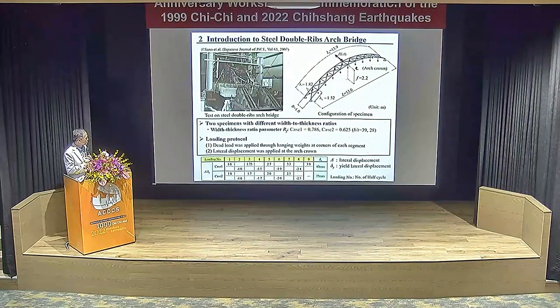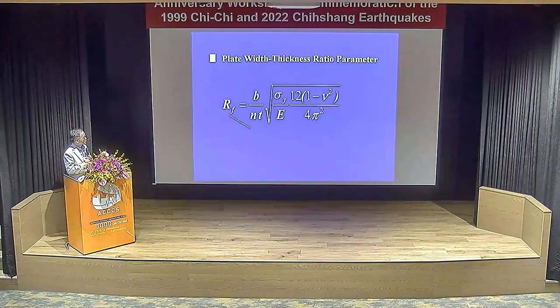And the loading program is that we also apply load here, and the lateral displacement was applied to the arch crown. This is the loading program detail. And here shows the definition of RF with the plate thickness ratio parameter.